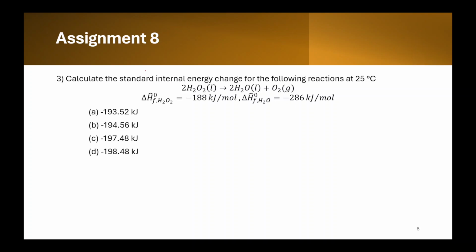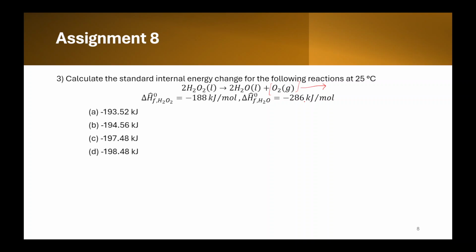We need to compute the standard internal energy change for this reaction, and we are given the standard enthalpy of formation for the reactant as well as the product. And mind you, the standard enthalpy of formation is for the elements in their standard state.